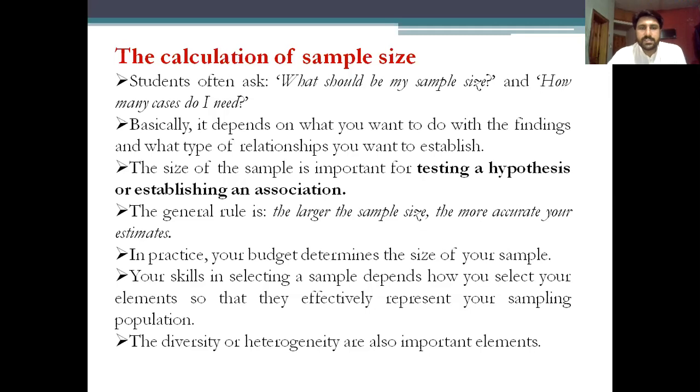And your skills in selecting a sample depend on how you select your elements so that they effectively represent your sampling population. But besides getting a good sample size, diversity or heterogeneity also needs to be considered in selecting the sample. If your study design allows it, then it is very important that you diversify the selection of the sample. It's important.